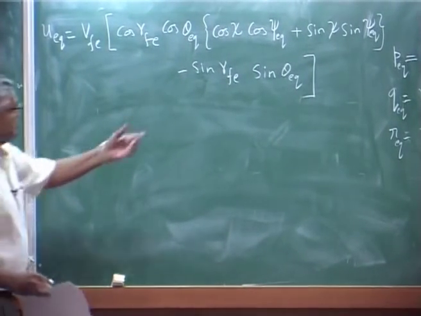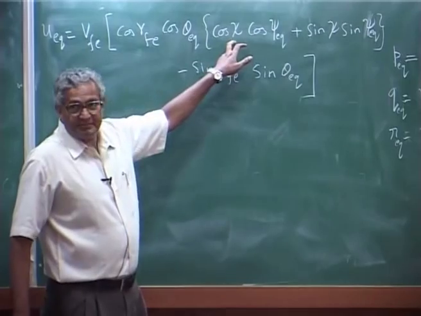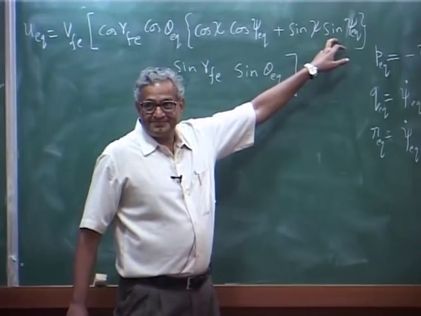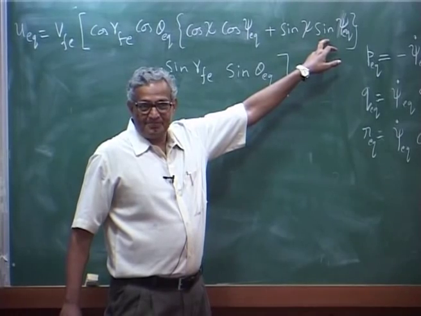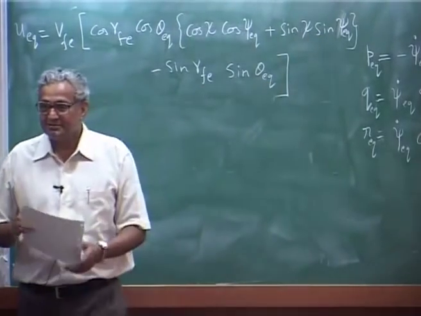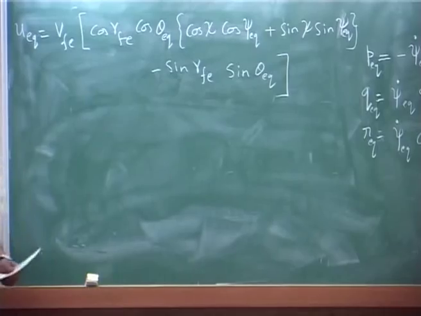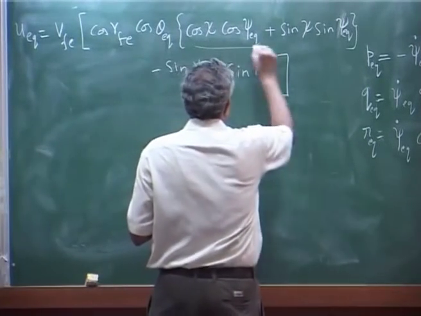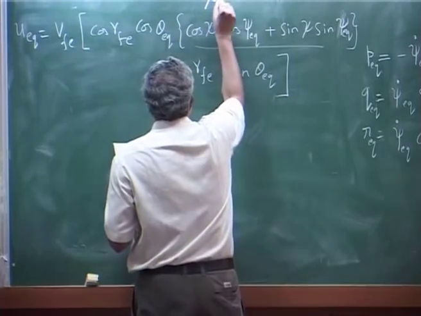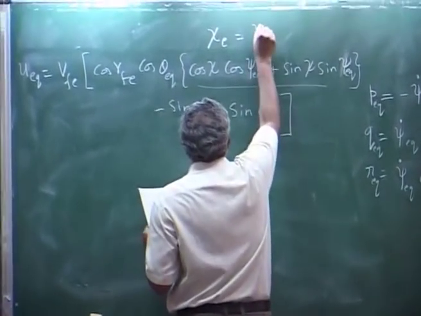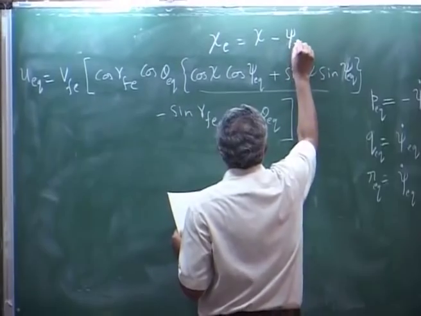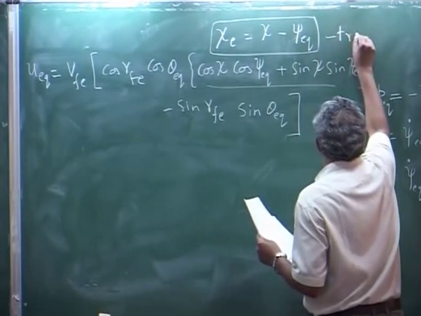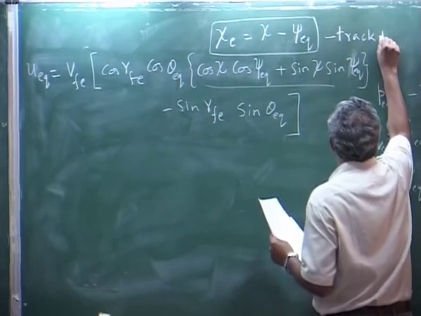What you will find is you will have a term cosine cosine plus sin sin. This is nothing but you call it chi e is chi minus psi, this you call it track angle.